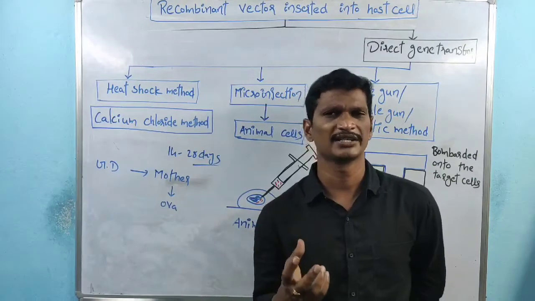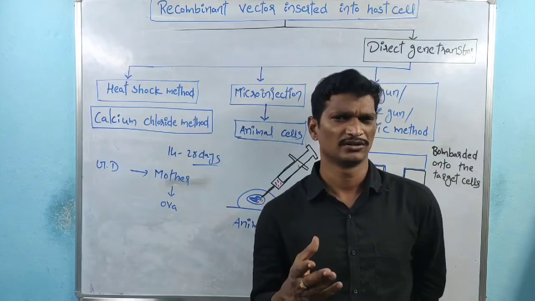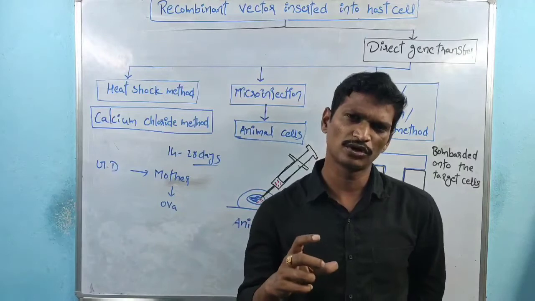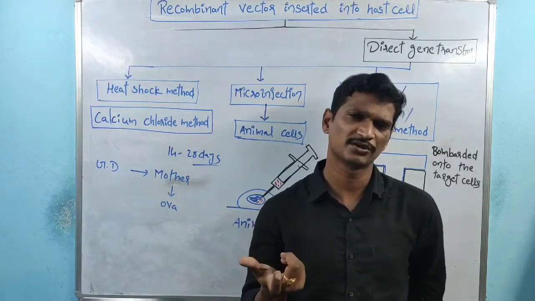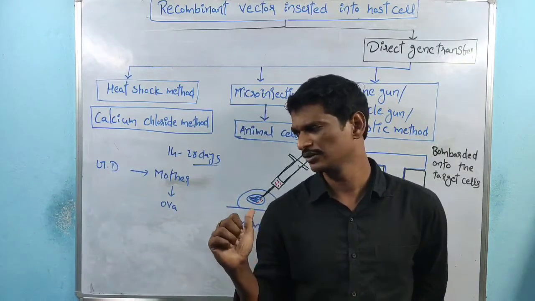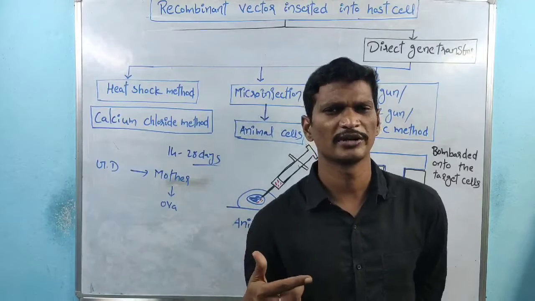For a bacterial cell, division requires hardly 20 minutes. So within a short time, more generations are produced by bacterial cells. So for eukaryotic cell cultivation, more time is required.